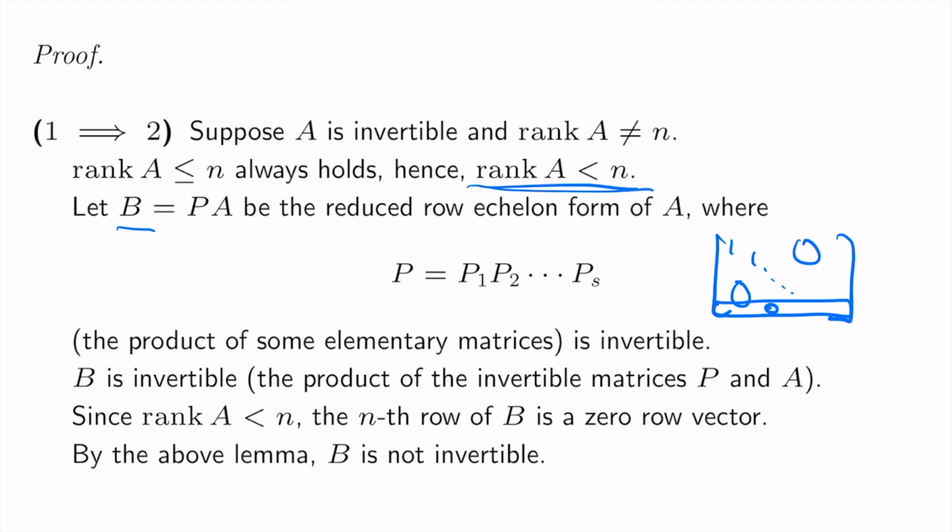Since we're assuming the rank of A is less than n, at least this last row must contain only zeros. But that means matrix B is not invertible according to the lemma we have just proved. So B is invertible and B is not invertible, which is a contradiction. Therefore, we have proved condition 1 implies condition 2.